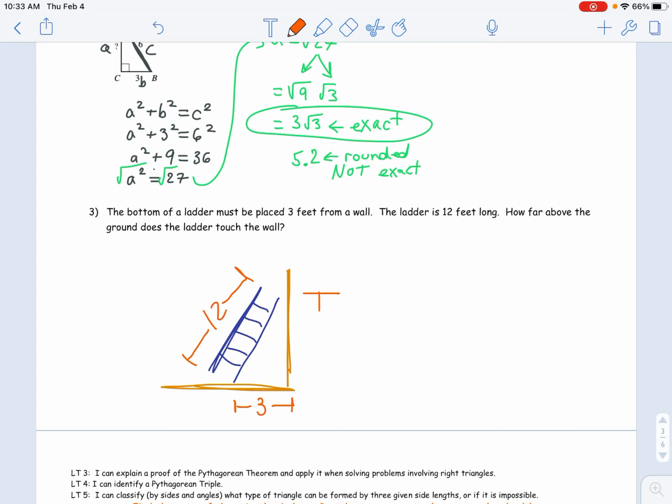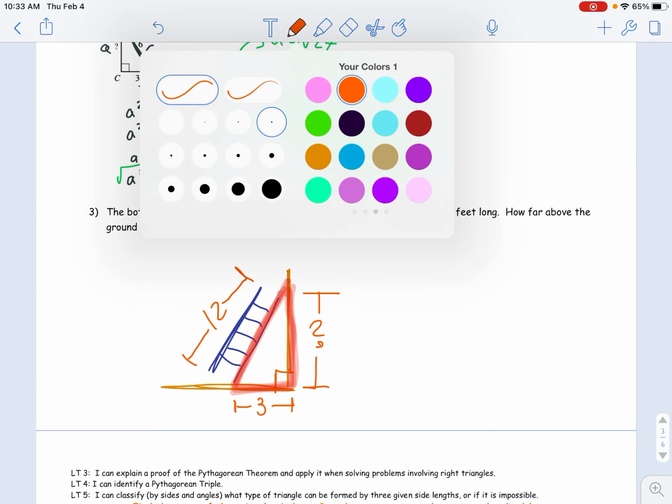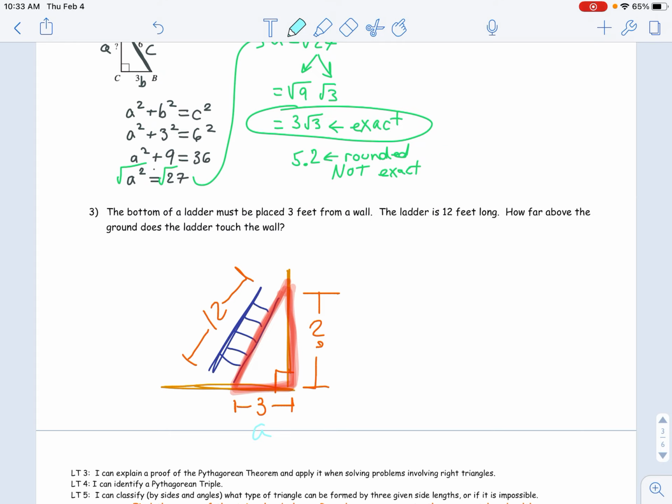We need to know this right here, question mark. So again, looking at this, we have a right triangle. So then I can call that A, B, C. A squared plus B squared equals C squared. So 3 squared, we don't know B, and then 12 squared. And then it's just computing.